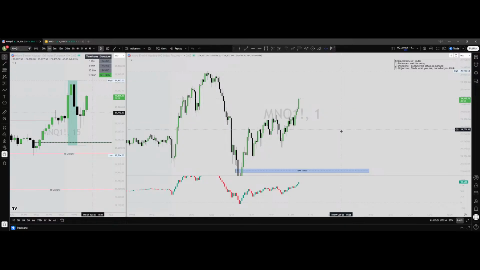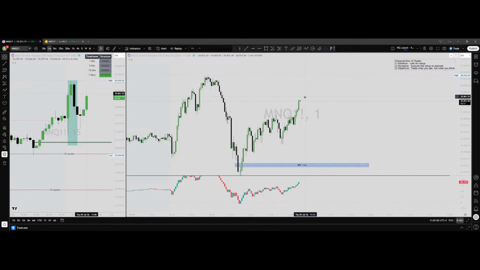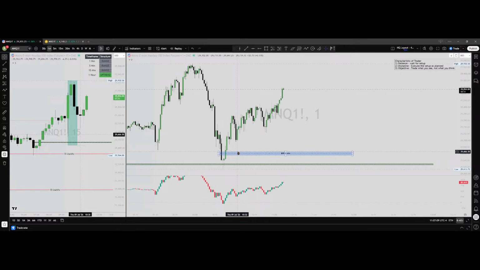But I'm not looking for any trade. I'm waiting. There's no level of interest for me to look for unless price taps into this BPR, which is now concerning as price has already moved higher. Let's see if price gives us something.